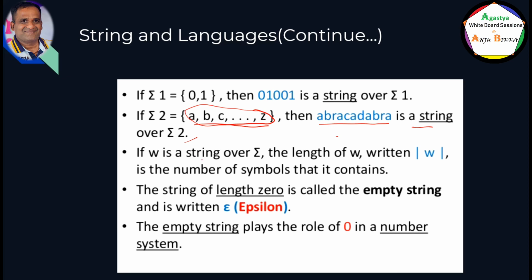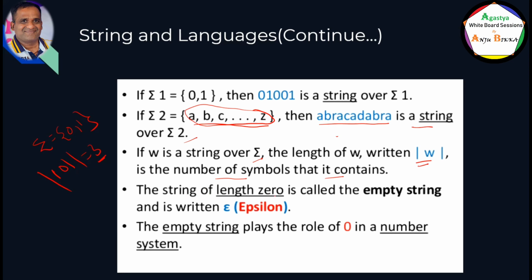Now if W is a string over an alphabet, then the length of the string, denoted by mod W, is the number of symbols that it contains. For example, if sigma equals 0, 1, and you have the string 101, then mod of 101 equals 3.